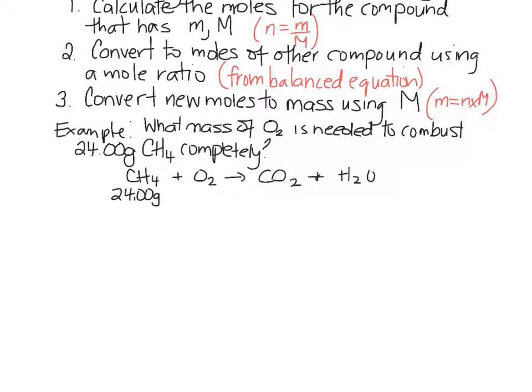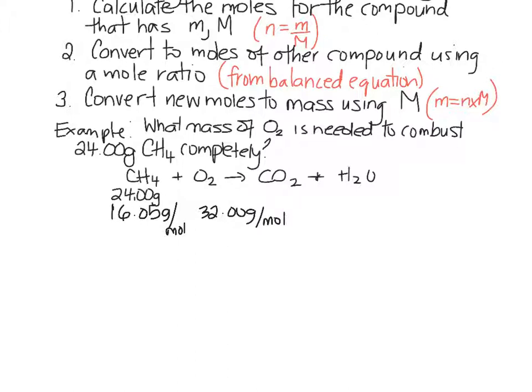So the molar mass of methane would be 16.05 grams per mole. And the molar mass of oxygen would be 32 grams per mole.